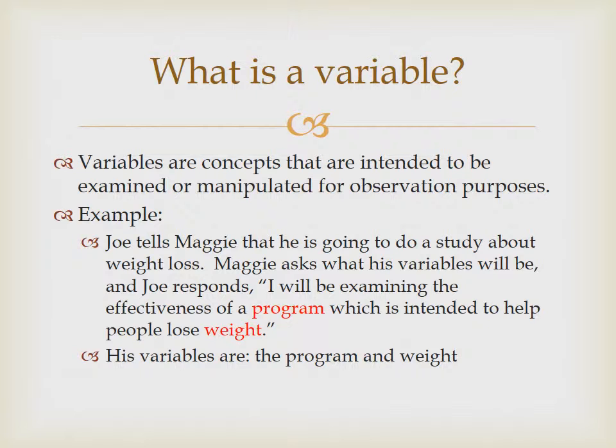And Joe says, I'm going to be examining the effectiveness of a program which is intended to help people lose weight. So he's going to look to see if this program works. So his variables are first the program, that's what he's looking at, but the result that he'll be looking at is each individual person's weight. So those are the two variables, the program and each person's weight.